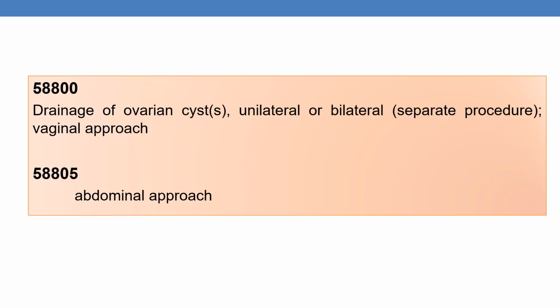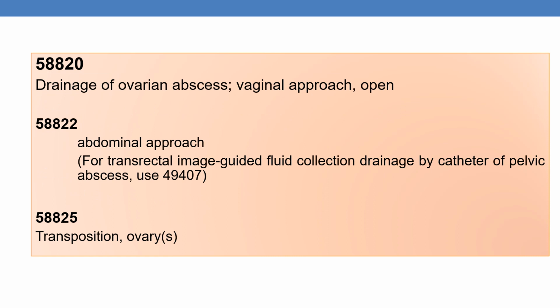Coming to CPTs for incision. First one is 58800. Drainage of ovarian cyst, unilateral or bilateral, vaginal approach. And for drainage of ovarian cyst, unilateral or bilateral, abdominal approach, the CPT is 58805. The next CPT is 58820.